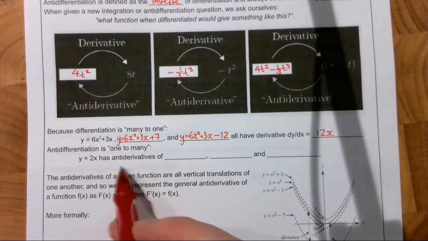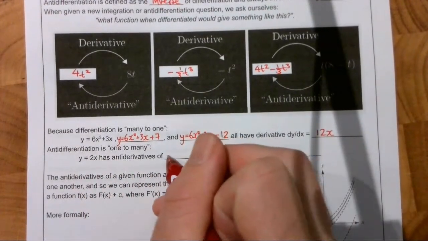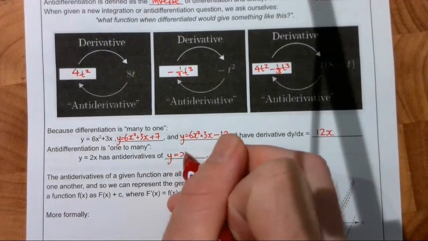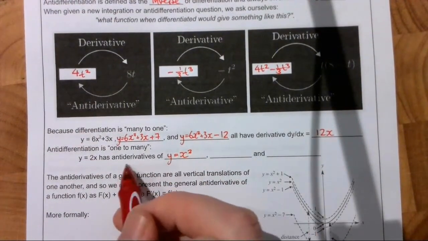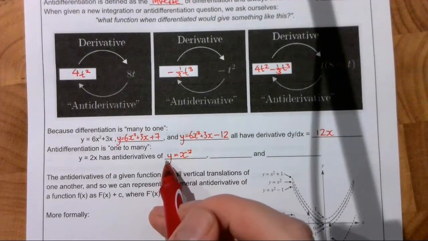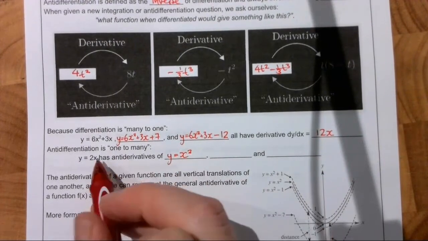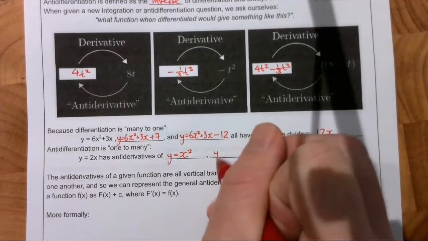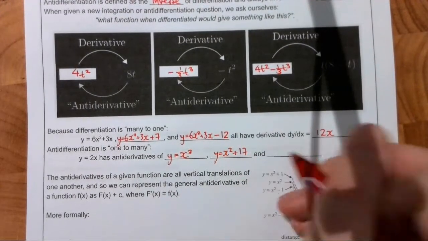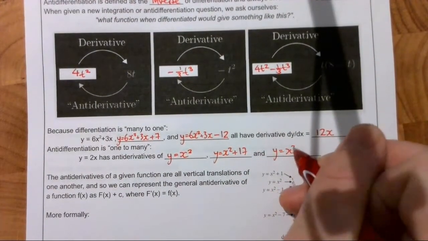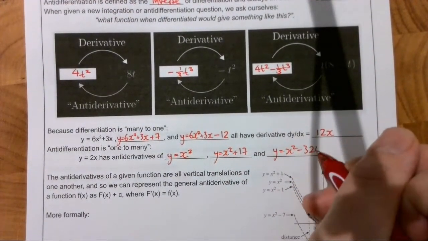So y equals 2x, well, that's got an antiderivative of y equals x squared, because y equals x squared differentiates to 2x, but also y equals x squared plus 17, and y equals x squared minus 324.